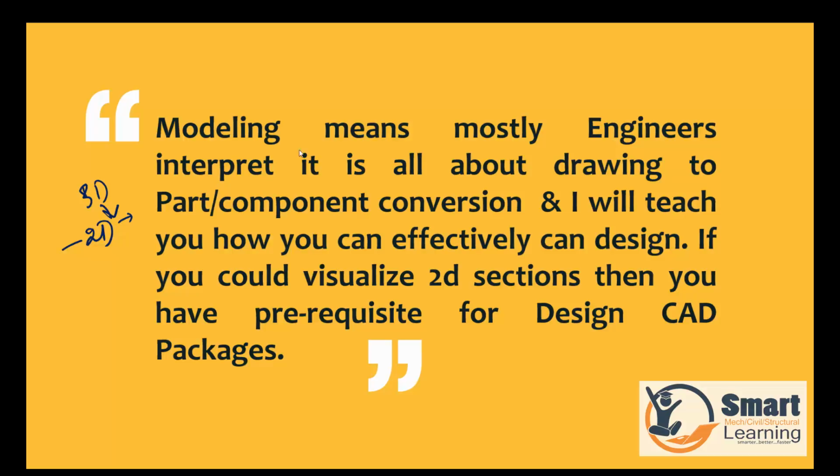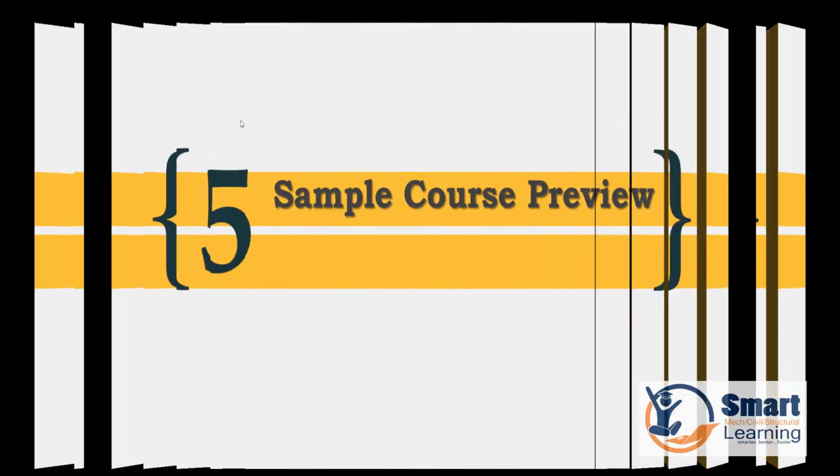How you can design effectively, visualize, and get your 2D sections is the prerequisite for this, and you need to master the very fundamental basics of engineering drawing. These are the fundamentals before beginning any further exercise.